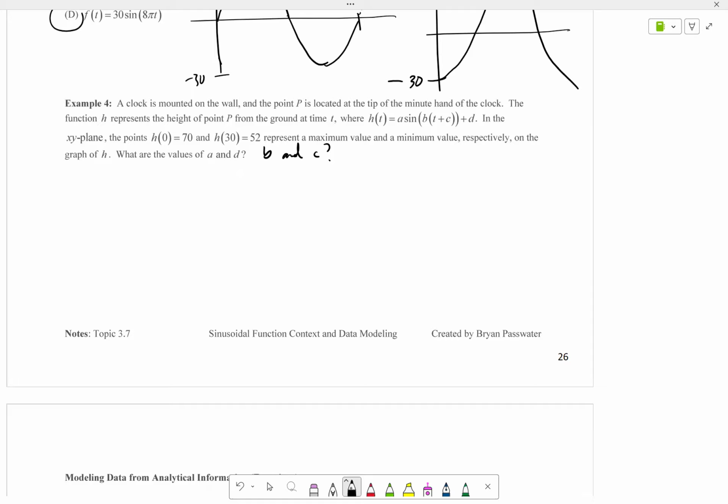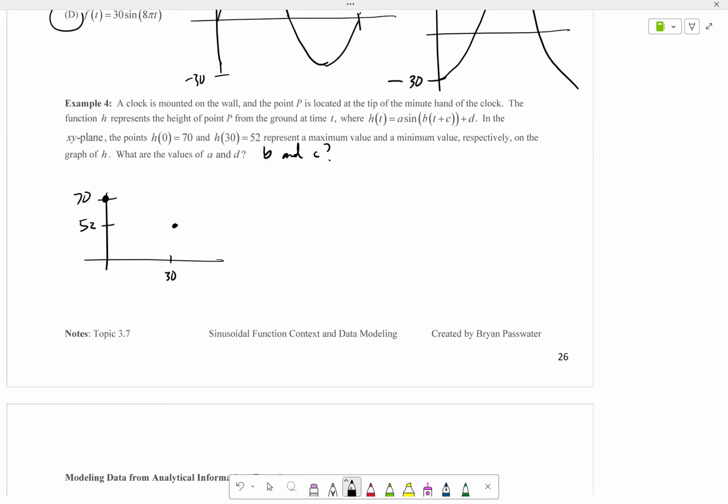Okay, I got 1.9, shift 5.9, sine 30. Or, no. Write it out first. And then 60.